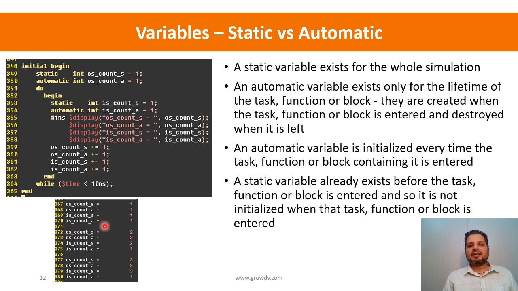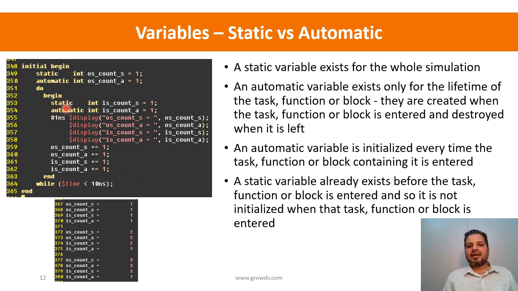But for the internal variables, this begin and end keeps executing again and again. If you see the static variable first, in the first iteration it is 1, in the second iteration it has become 2, and in the third iteration 3. Why? Because a static variable gets allocated only once and initialized only once, and thereon it won't change.